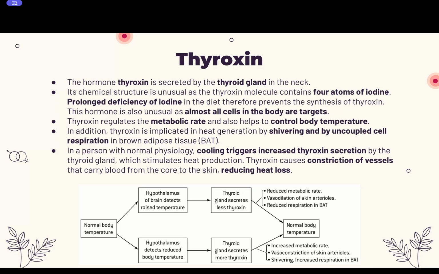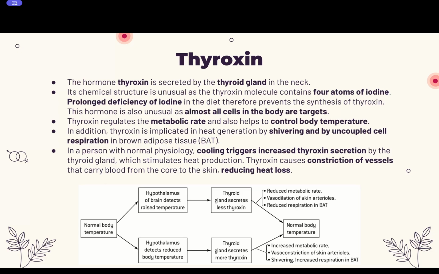Thyroxine is implicated in heat generation, so body temperature, by shivering and by uncoupled cell respiration in brown adipose tissue. There's no specific information on what this is, but you just need to know that that's something it causes or implicates.